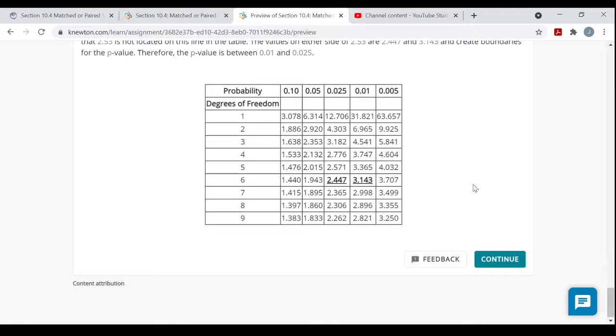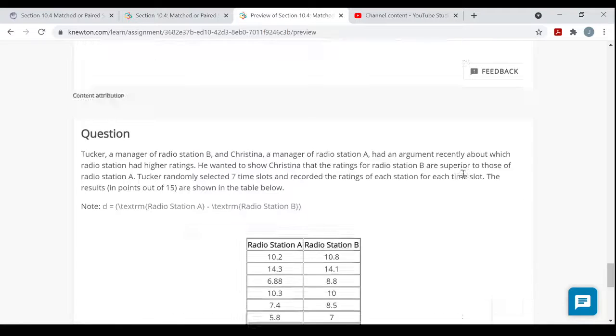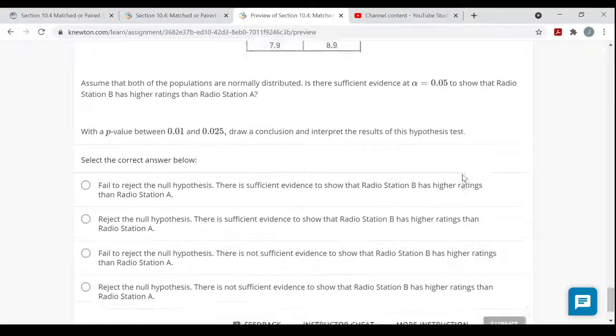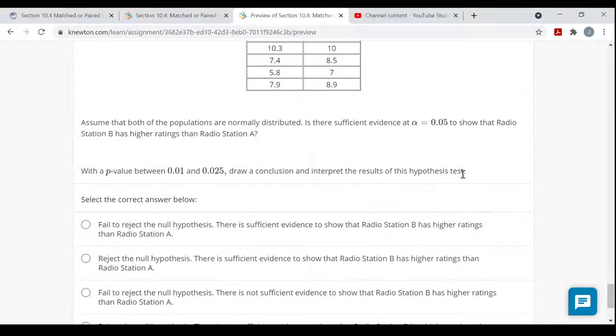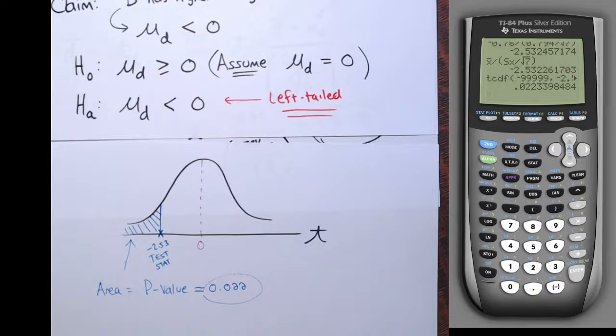All right, then after this, I'm sure we're going to have to make a decision about, do we reject the null hypothesis or not? And then what kind of conclusion can we make related to the claim? All right, so finally, what do we say? Okay, so remember what we do with the p-value. I can get rid of the calculator now.